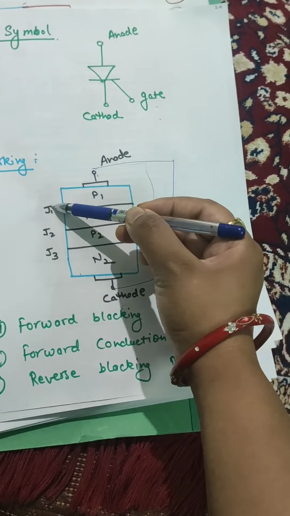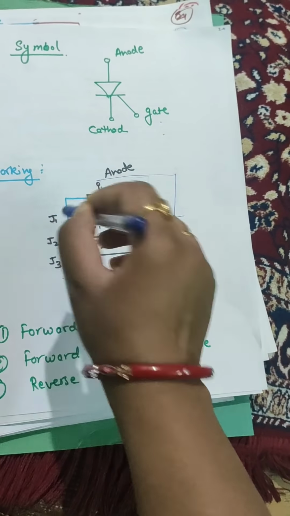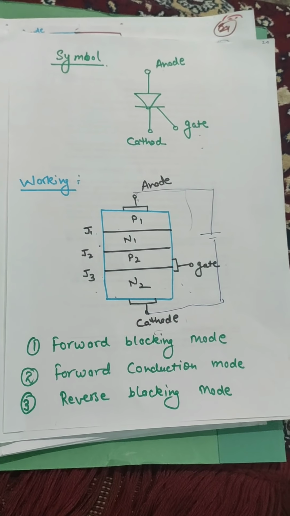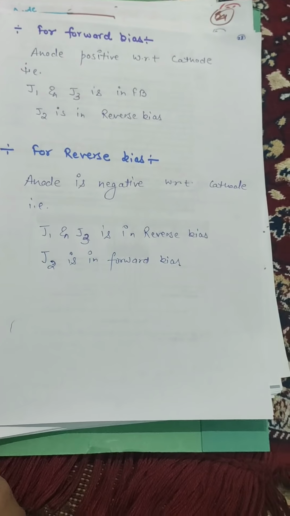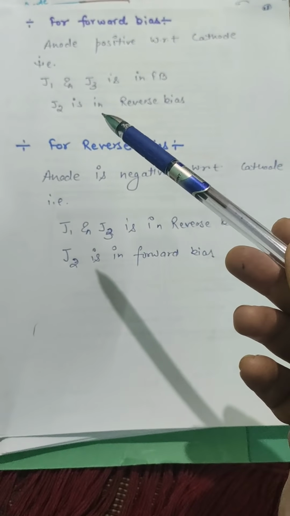J2 is in reverse bias because no voltage is given to J2. So that is called forward blocking mode.